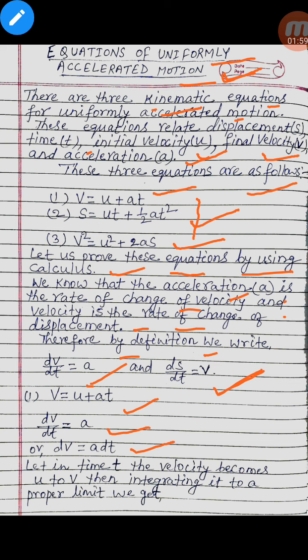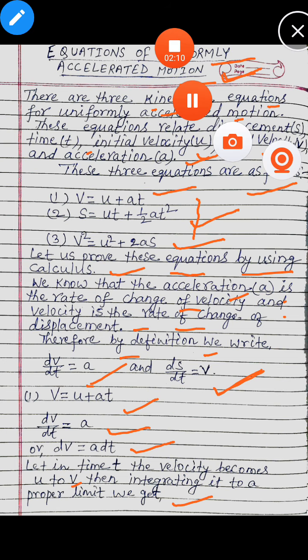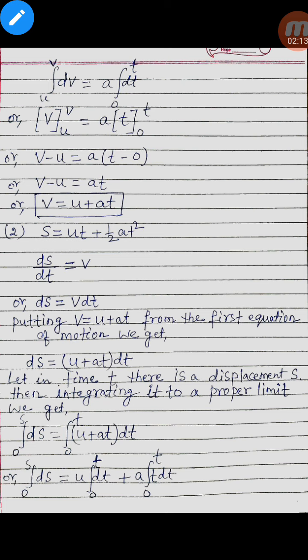Let in time t the velocity become v from u. Then integrating with proper limits we get the integral of dv from u to v equal to a times the integral of dt from 0 to t, because initially the velocity is u and after time t the velocity becomes v.